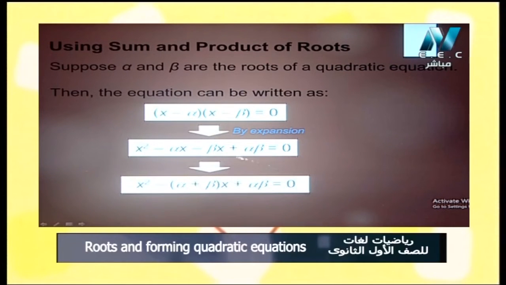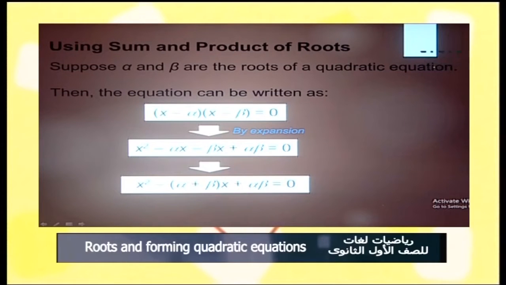And we have to take x as a common factor here, and negative also the common factor. So x power 2 as it is, negative x is the common factor, and it remains alpha plus beta, plus alpha beta equals 0.